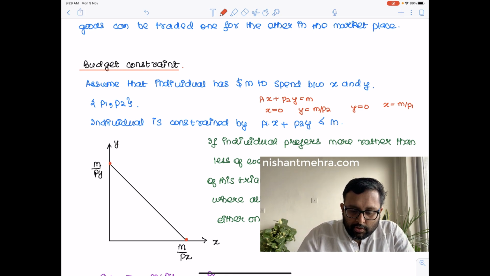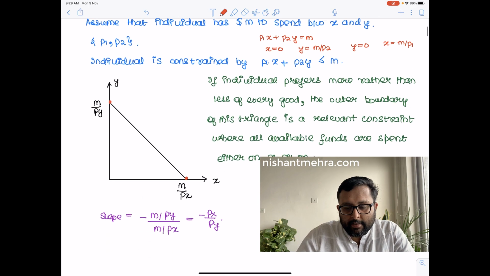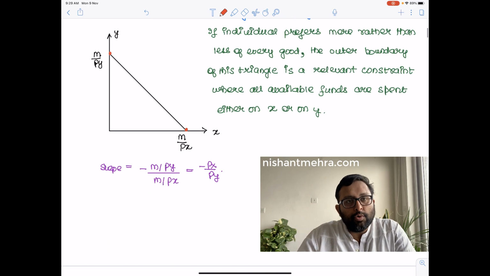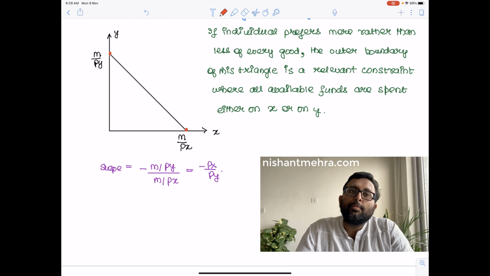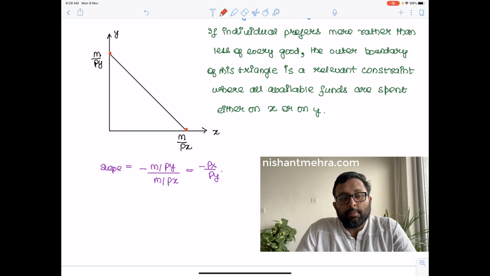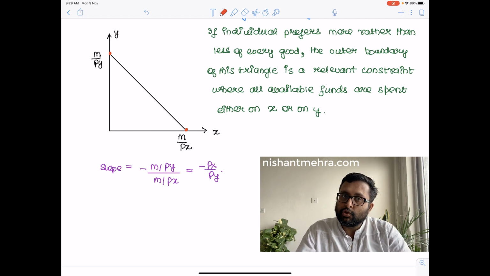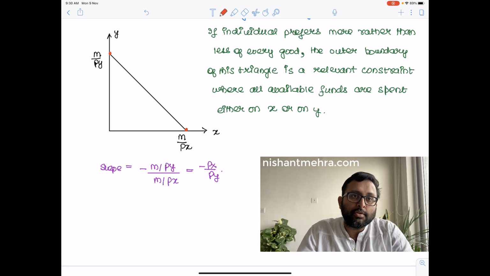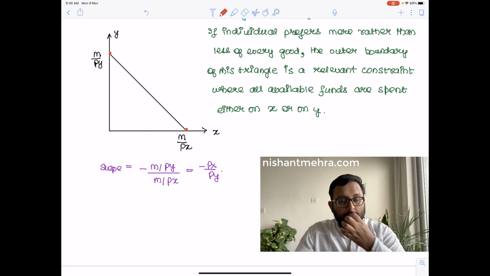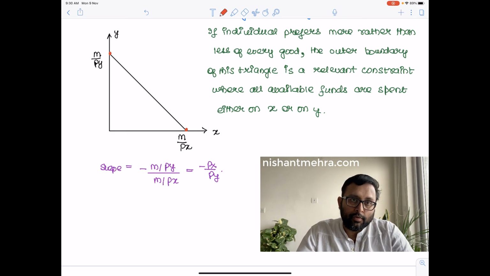Now, one more thing which you also have to understand is that one of the properties of the preferences is that these preferences are monotonic. When preferences are monotonic, it means that more is better. So if more is better, this consumer would want to spend his entire income so that his utility is maximized, because by spending less, he will be consuming fewer goods and services.